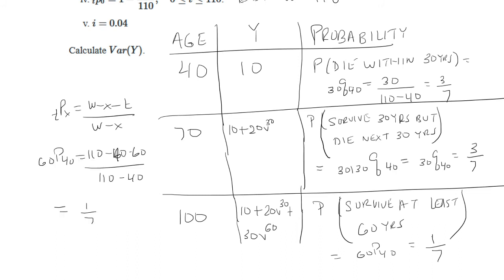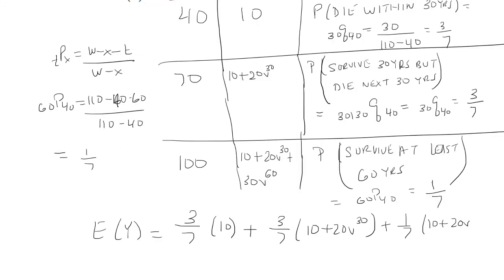All right, now we can look at expected value. So that would just be 3/7 times 10 plus 3/7 times 10 plus 20 times v to the 30th, and then 1/7 plus all times all of these.